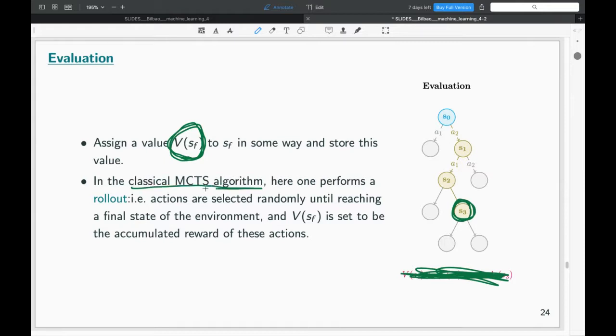In the original Monte Carlo tree search, you just start taking actions randomly until you reach a final state of the environment. And then the value assigned to this state is the accumulated reward of these actions.